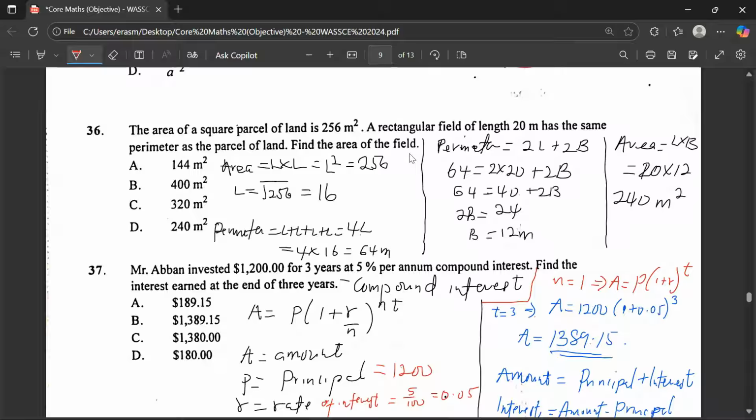There is a rectangular field that has a length of 20 meters and has the same perimeter as that parcel of land, right? So now we need to find the perimeter of the square land. Then that perimeter is the same as the rectangular field.